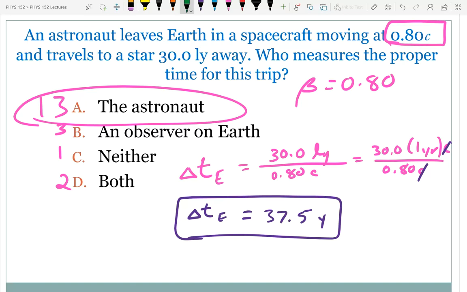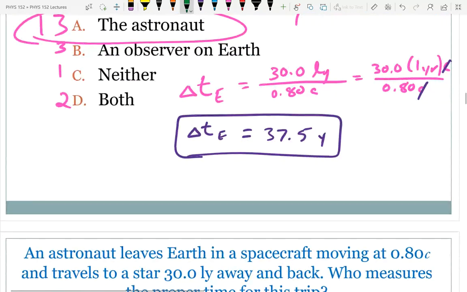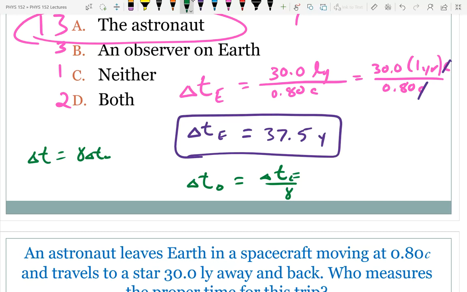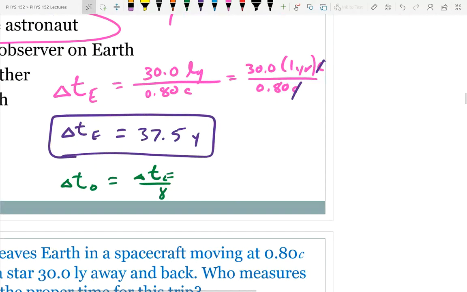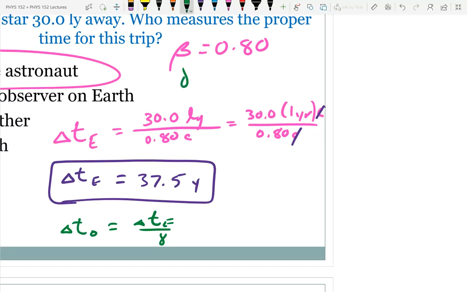So far, we've only learned time dilation, so we can't talk about the distance he sees yet. We'll talk about the time he sees. He's going to see delta T0 is equal to delta T Earth divided by gamma. Remember, it was delta T is equal to gamma delta T0. So I just divide both sides by gamma to solve for delta T0. So what is gamma then? I have to calculate gamma.